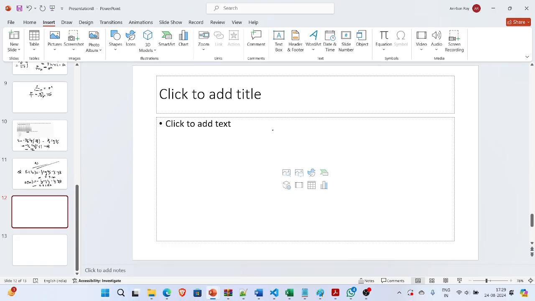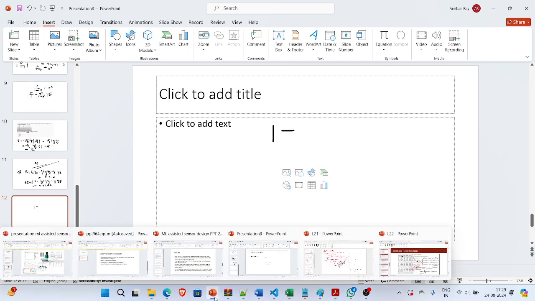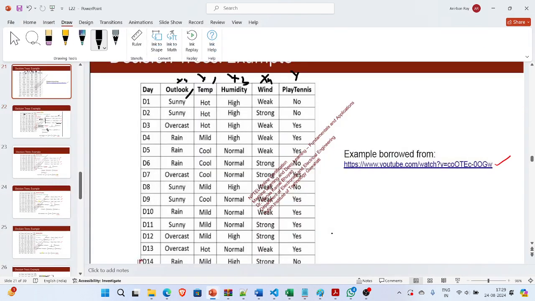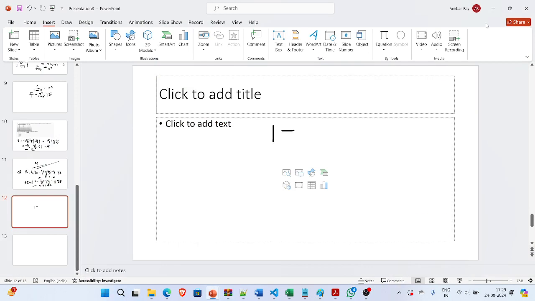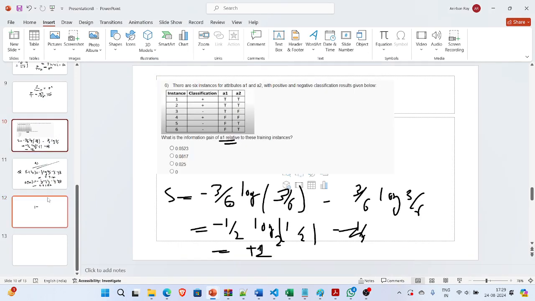So that is equal to... we'll go to our previous slide. As you can see, information gain is the total entropy minus the conditional ones, but in that the ratio is important. Let me show you.